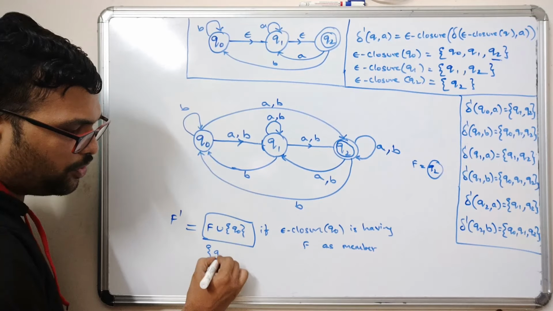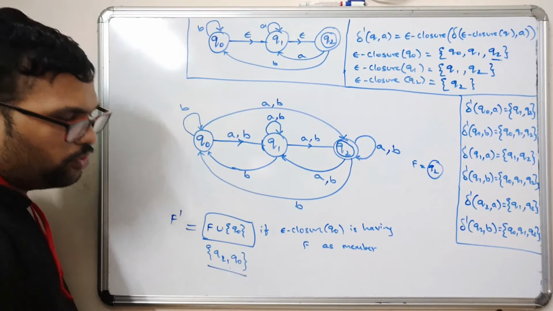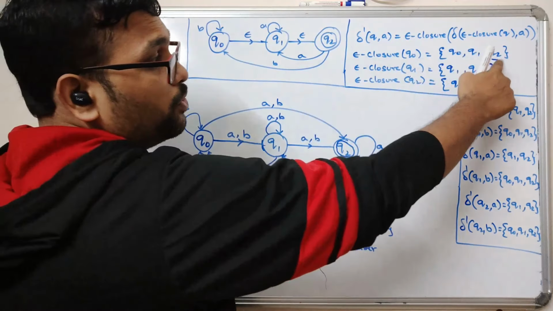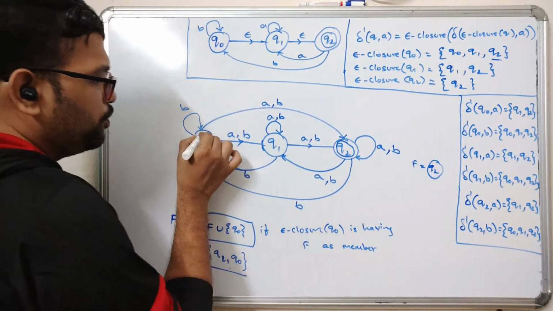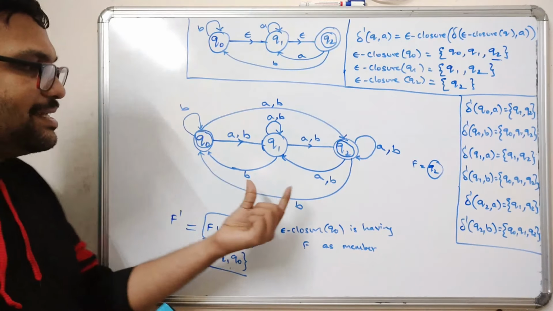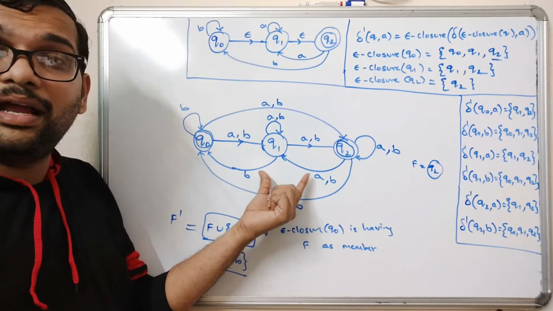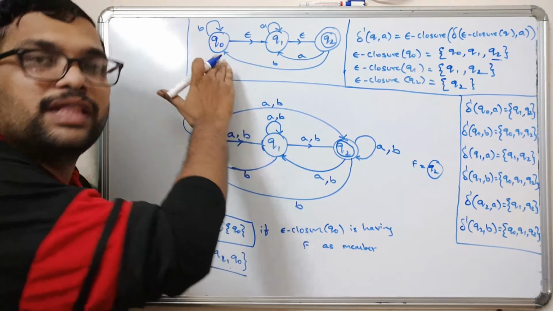F is nothing but Q2, and Q0 should also be included here because Q2 is a member of this final state. So obviously Q0 will also be the final state. So this is the transition function, this is the NFA without epsilon for this NFA with epsilon.